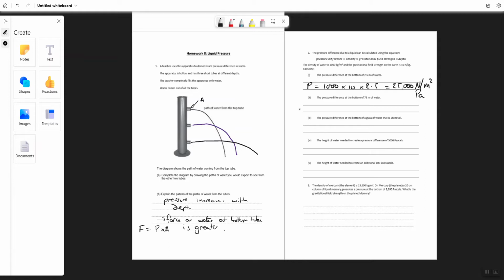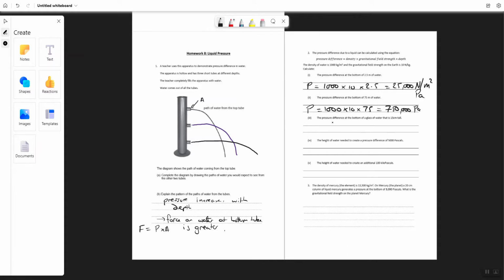Either of those units is fine. Pressure difference at the bottom of 75 meters of water. Okay, so the pressure difference is equal to 1,000, density of water, times 10 times 75, which is 750,000 pascals. It's an enormous amount.